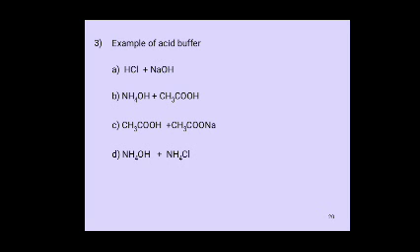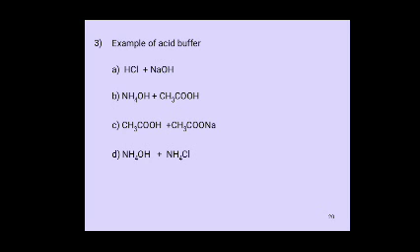What is an acidic buffer? It is a mixture of weak acid and its salt of strong base. Here, A: HCl and NaOH are both strong acid and strong base. B: weak acid, weak base. C: weak acid and its salt with strong base.